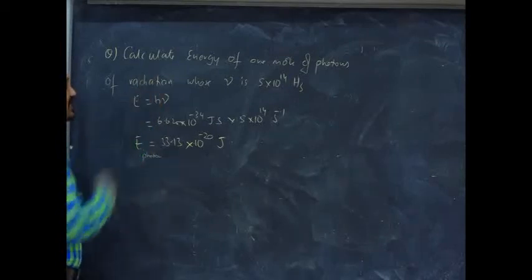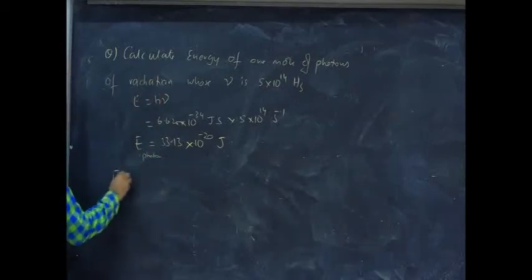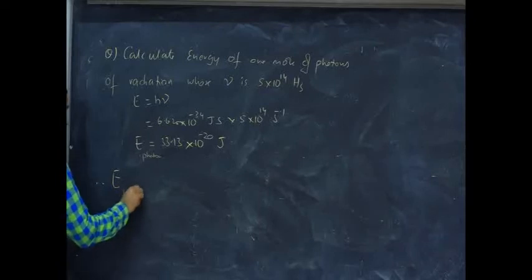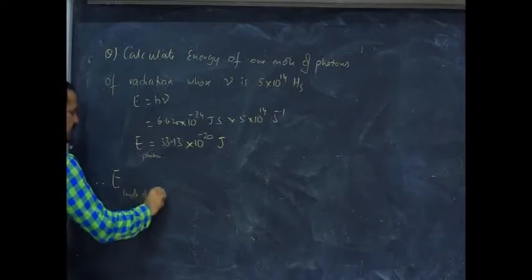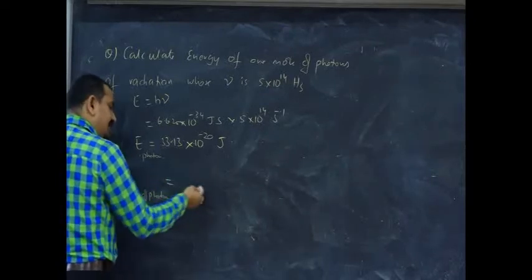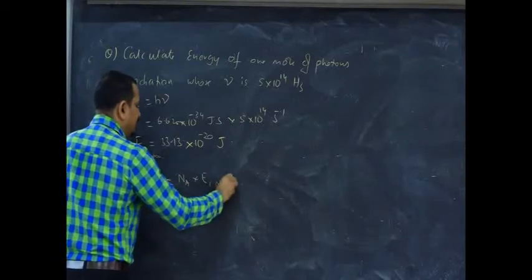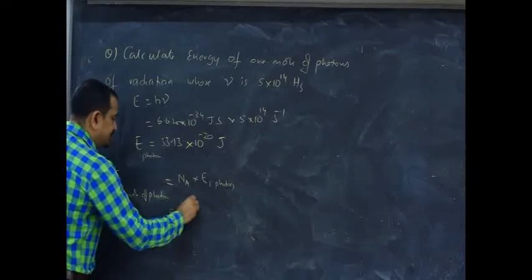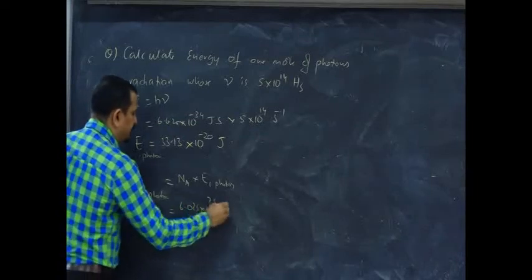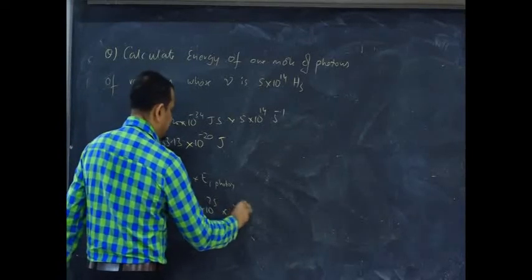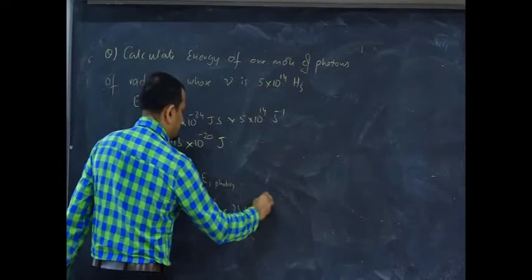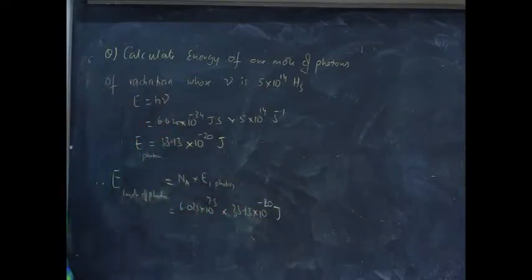Now the question is to calculate the energy of 1 mole of photons. Therefore, energy of 1 mole of photons is equal to Avogadro number into energy of 1 photon. That is 6.023 into 10 power 23 into 33.13 into 10 power minus 20 joules.